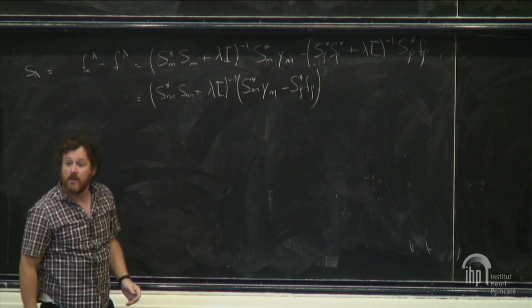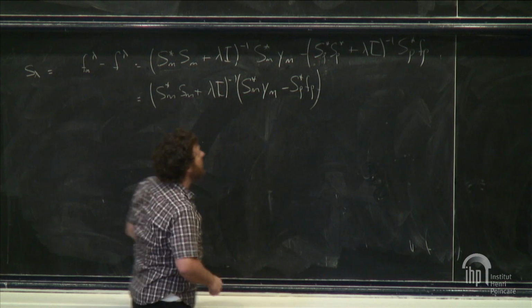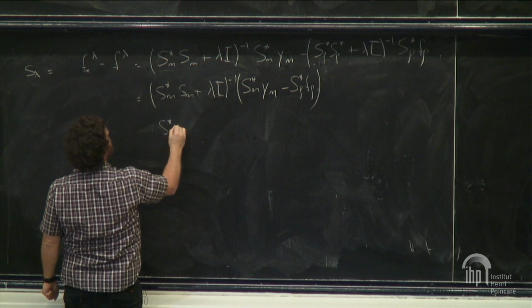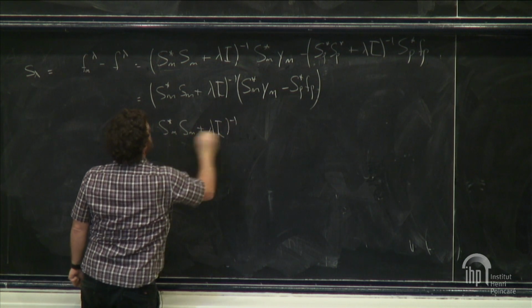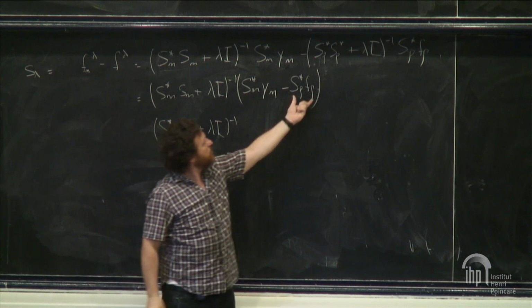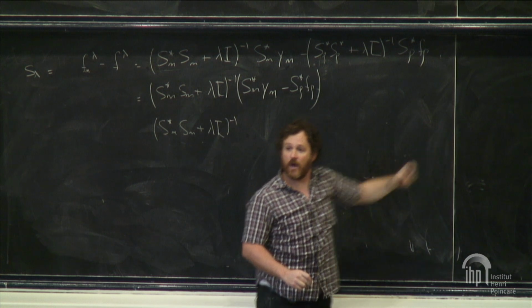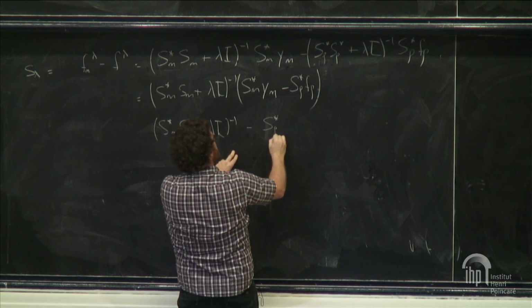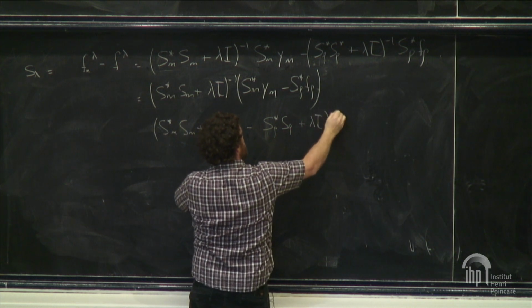So I had this term times this, and I subtract it. Now I want to add it, so I have S star n Sn plus lambda I to the minus 1. It also appears here, so I factorize it out. I'm skipping very small steps, but if you get lost, let me know, and I can write them down explicitly.